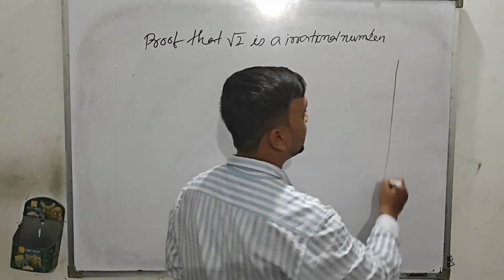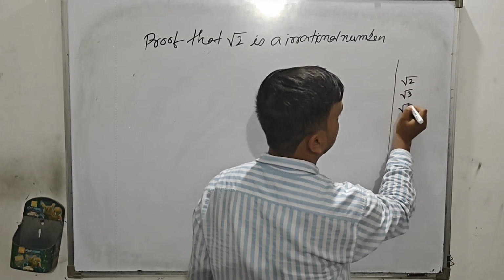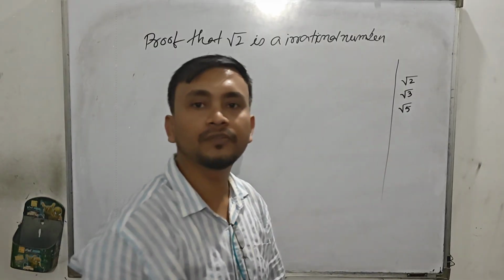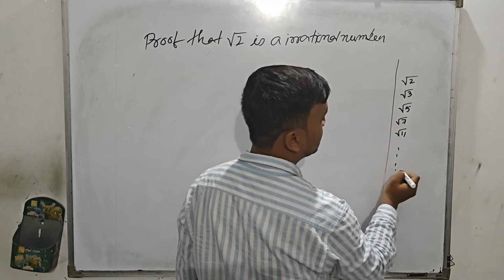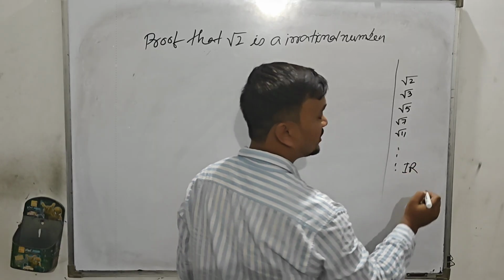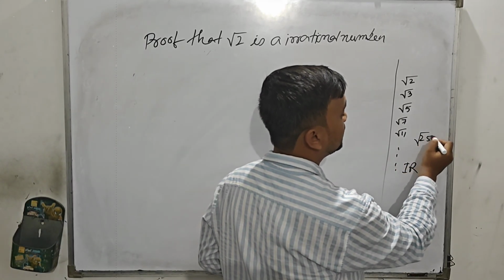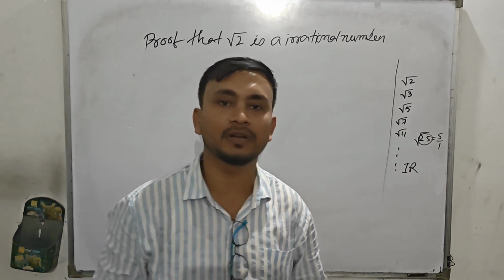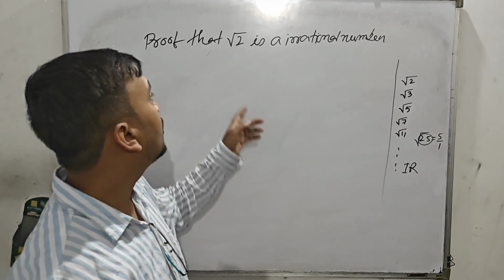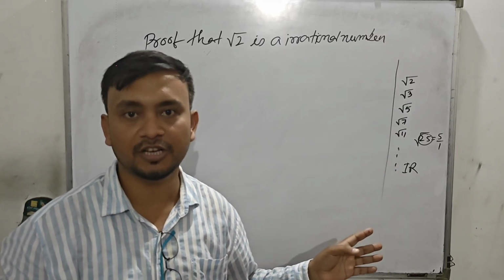Already we have learned earlier that the square root of any non-perfect square number like root 2, root 5, root 7, root 11, all these are irrational numbers. And root over 25 will be a rational number because 25 is a perfect square number. So remember, all non-perfect square roots are irrational numbers.